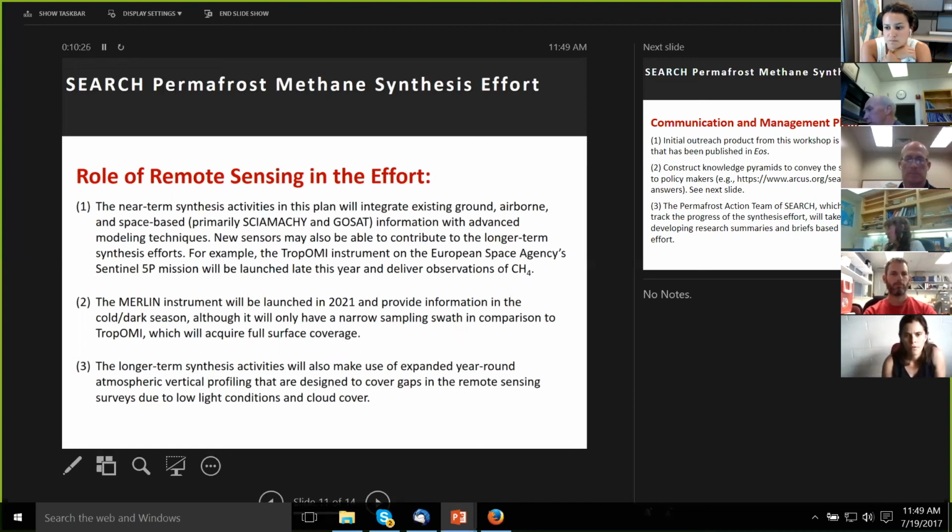The second is the Merlin instrument, which will be launched in 2021, and should provide information in the cold and dark season, but it will be limited because it has a narrow sampling swath. And the longer-term synthesis activities will also make expanded use of year-round atmospheric vertical profiling that's designed to cover gaps in the remote sensing surveys due to low light conditions and cloud cover.